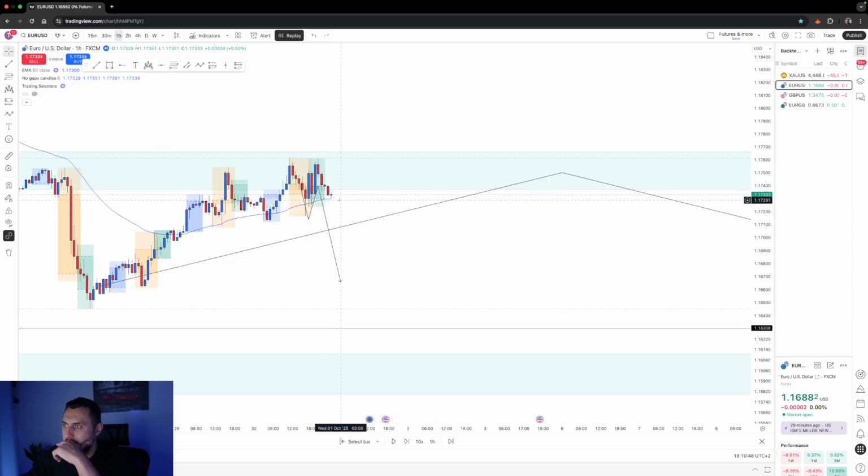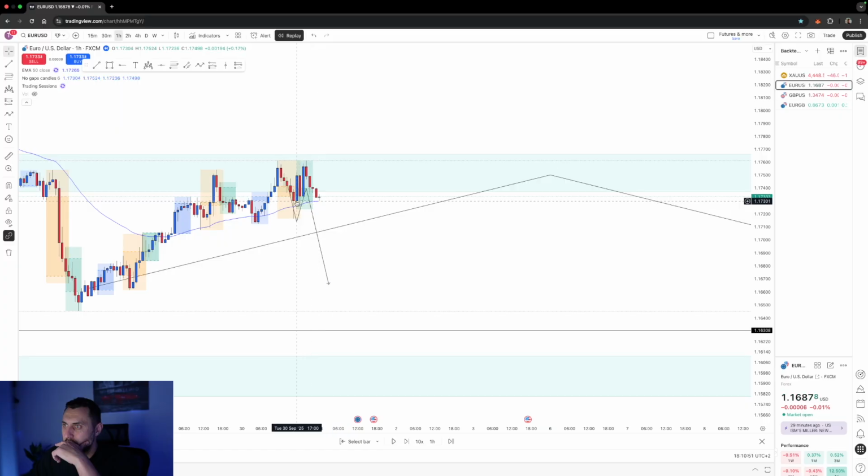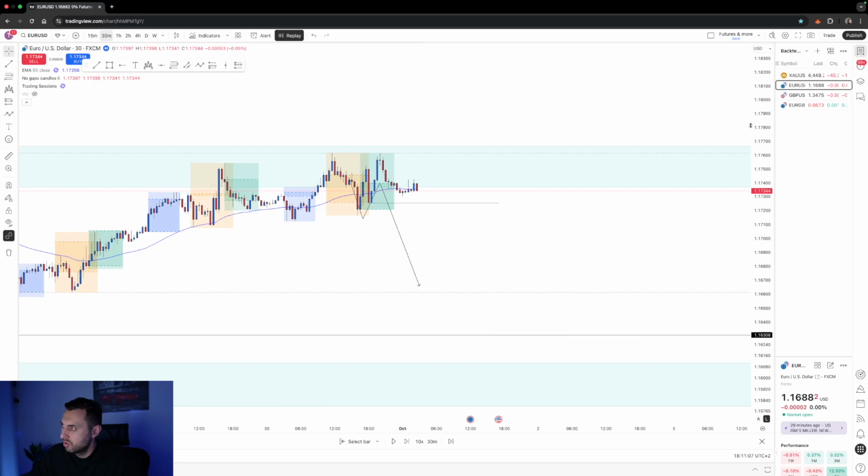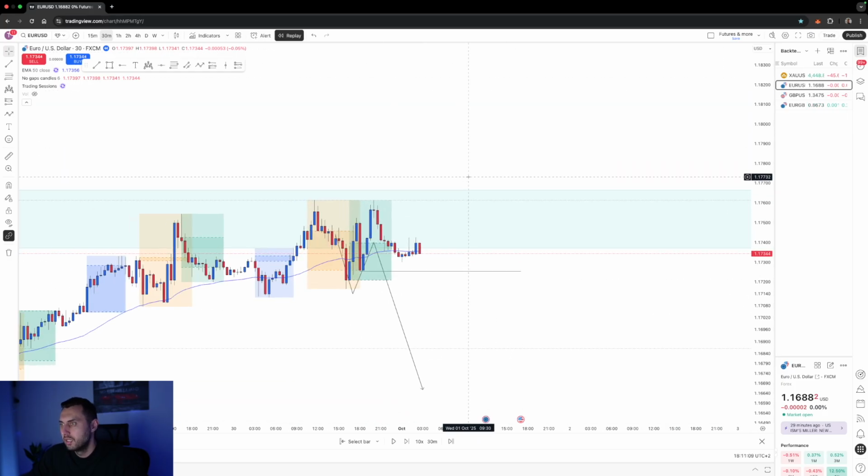I'm still expecting the price to push under this level somewhere. Yeah, under this level and then to enter. Let's see. You know, when the price gets to your zone, you need to stay and watch it.